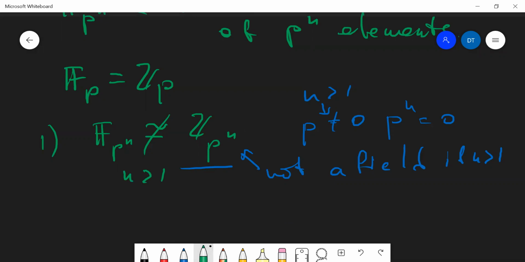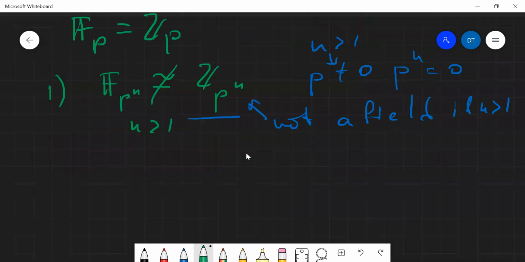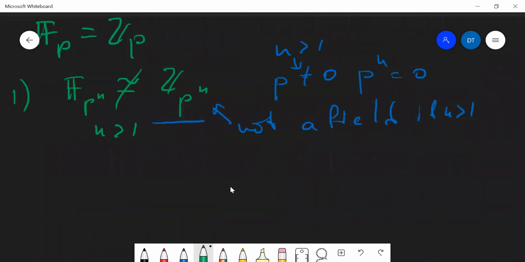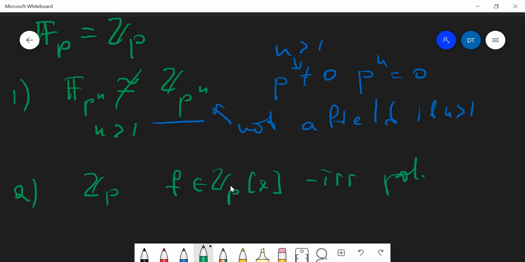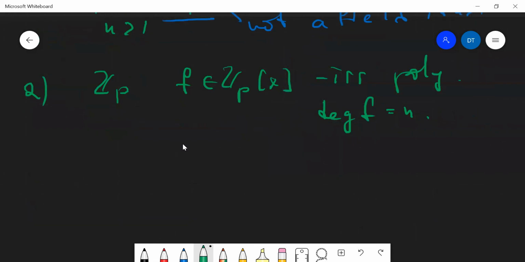So how do we produce a finite field? Now I'm answering the question from the beginning of the lecture. You start from Z_p, and then you must take an irreducible polynomial of degree n. This is a painful procedure, but there is an algorithm to find irreducible polynomials over a finite field.